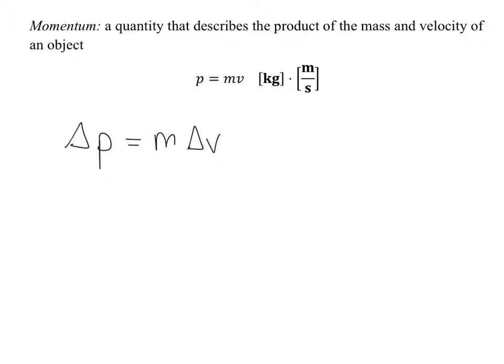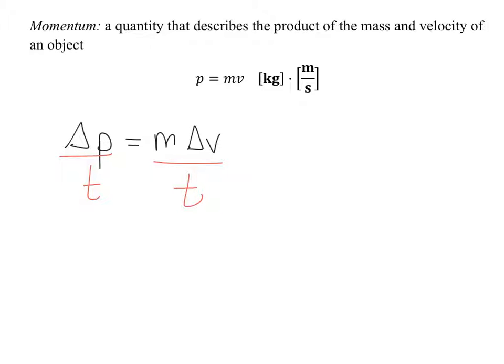So for this, let's go ahead and divide both sides by time first. On the left-hand side, we've got delta p over t. On the right-hand side, we've got m times delta v over t. What is delta v over t? Acceleration.